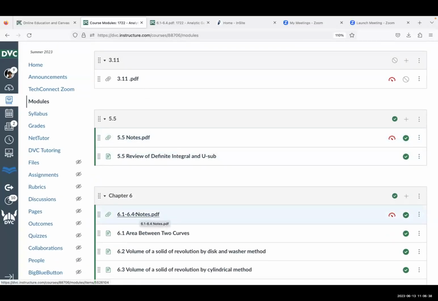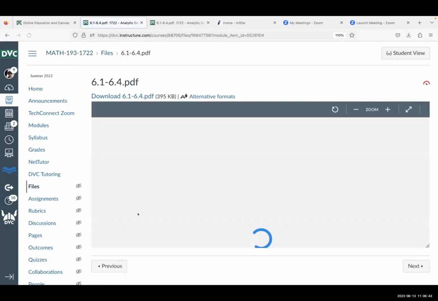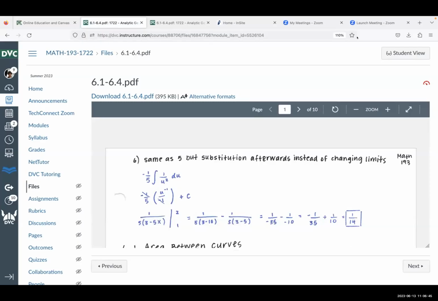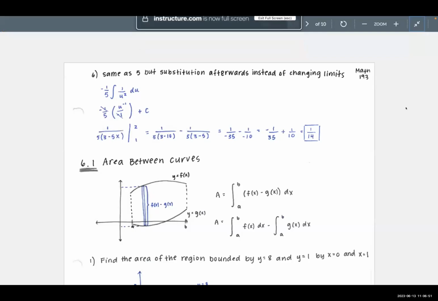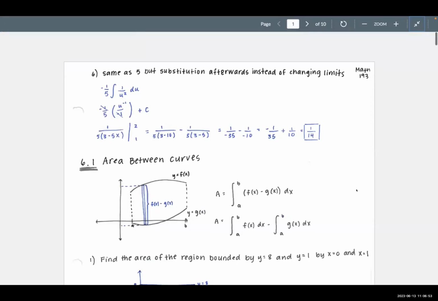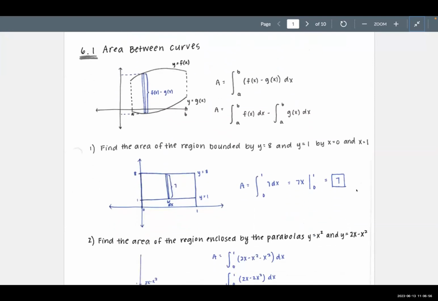Click on 6.1 through 6.4 notes. Please pay close attention. This is how you're going to prepare well for the homework and for the test. So if we were in class, we had another 1 hour and 15 minutes together. So this is hybrid. So it means for that 1 hour and 15 minutes, I want you to do what I'm telling you right now.